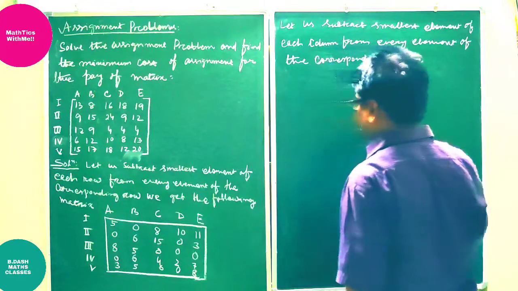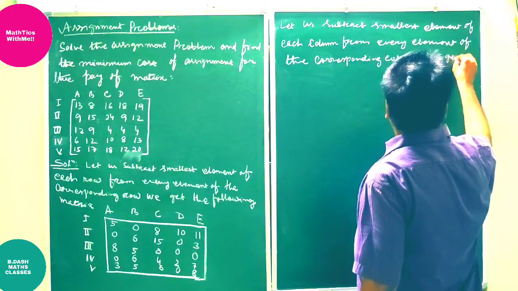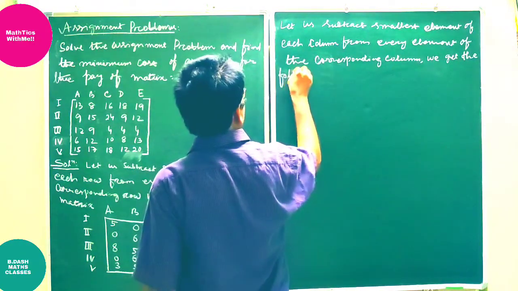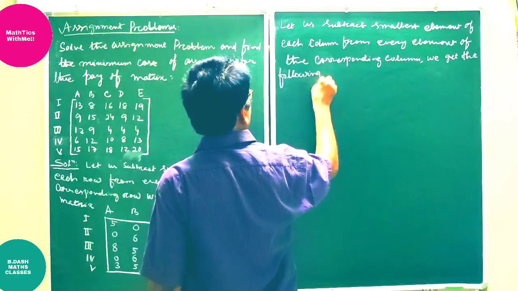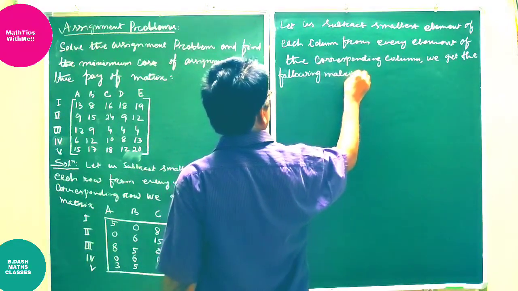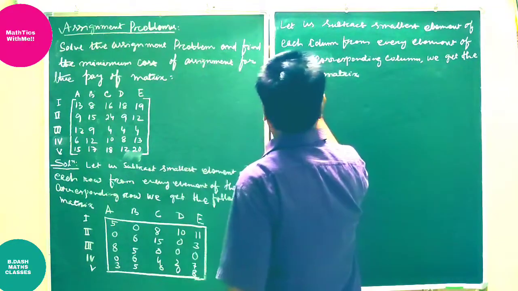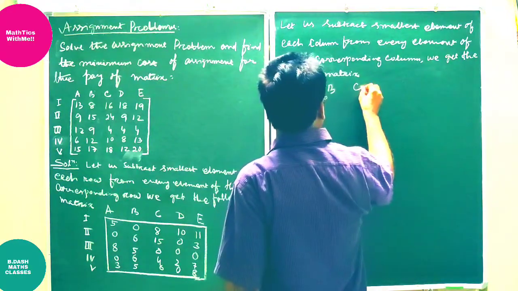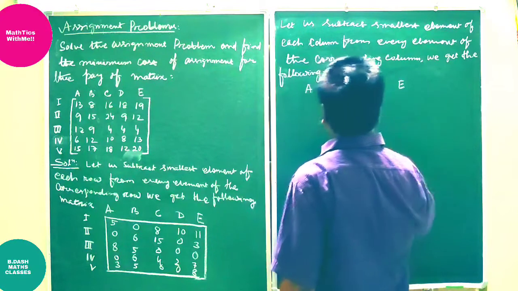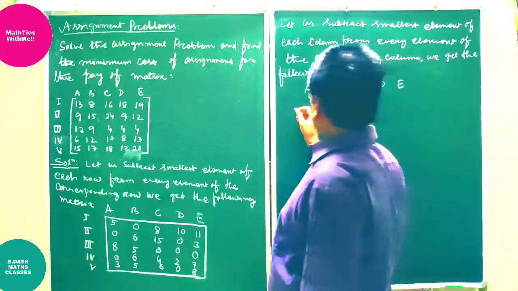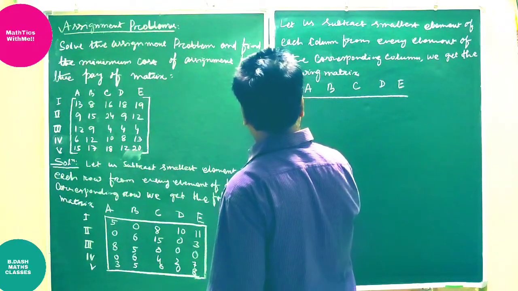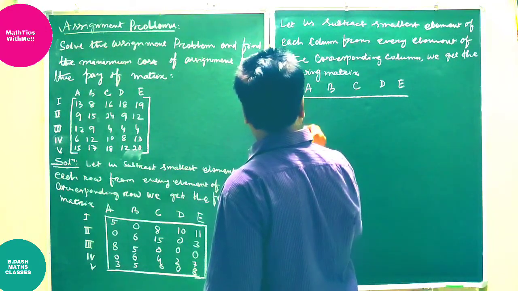We get the following matrix. This is A, B, C, D, E. This is first, second, third, fourth, and fifth.